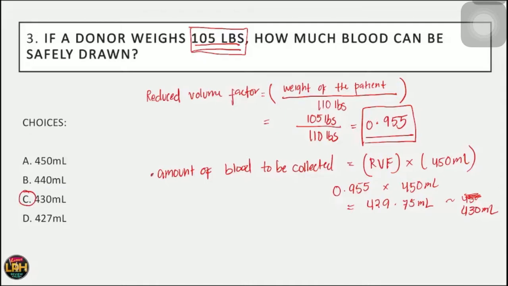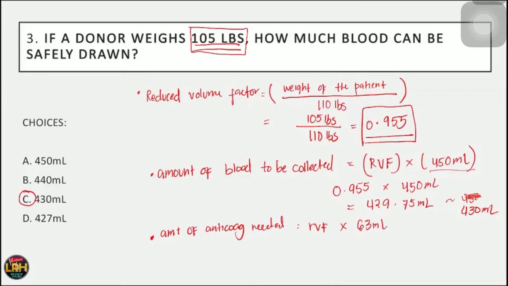If there are follow-up questions asking how much anticoagulant is needed or how much anticoagulant is to be removed, what we can do is this. First, compute for the amount of anticoagulant needed. That is RVF, or the reduced volume factor, multiplied by 63 ml, since in a 450 ml collection we use 63 ml of anticoagulant.